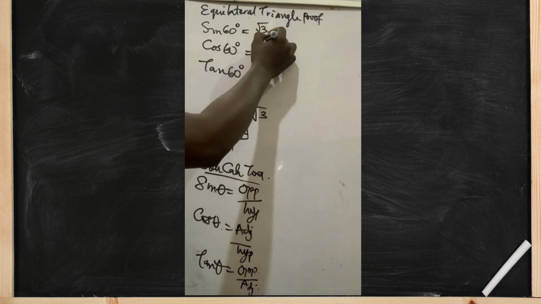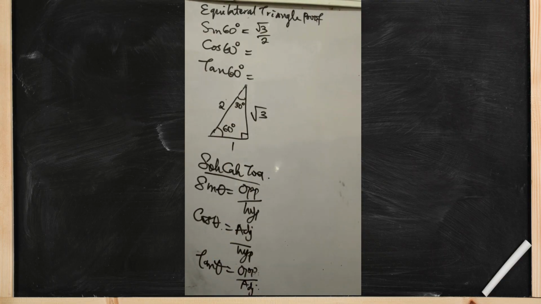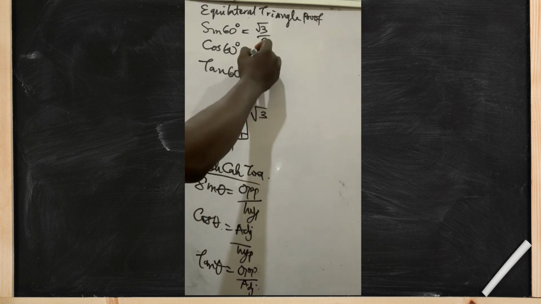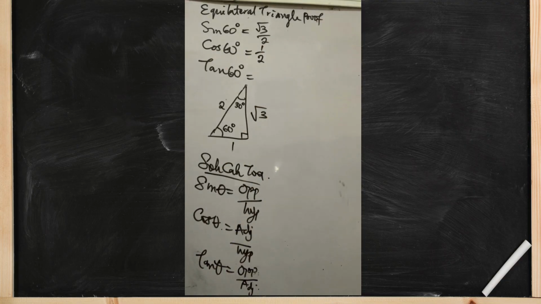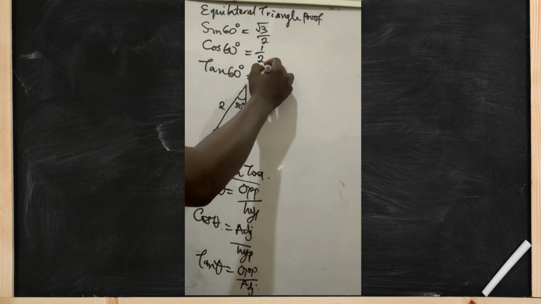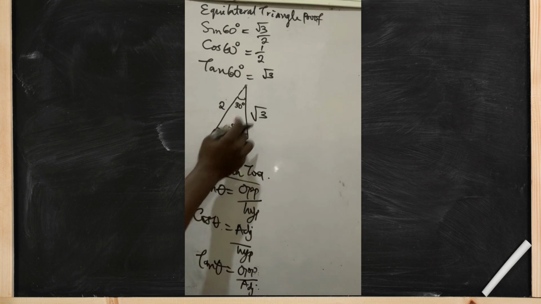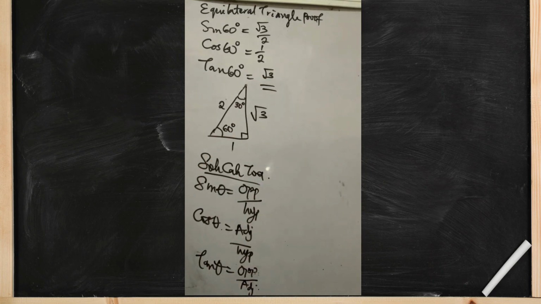It is 2. Now for cos 60, cos 60 is adjacent, that's 1, over hypotenuse 2. Now tan 60, it is the opposite of 60, root 3, divided by the adjacent 1. So the answer is root 3.